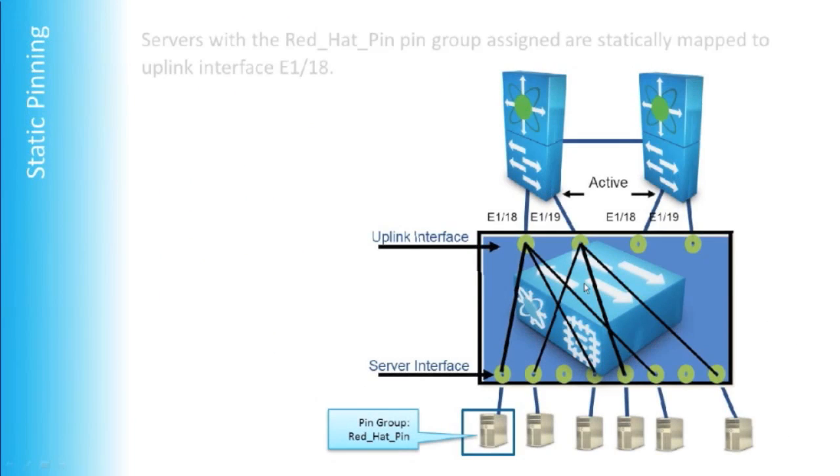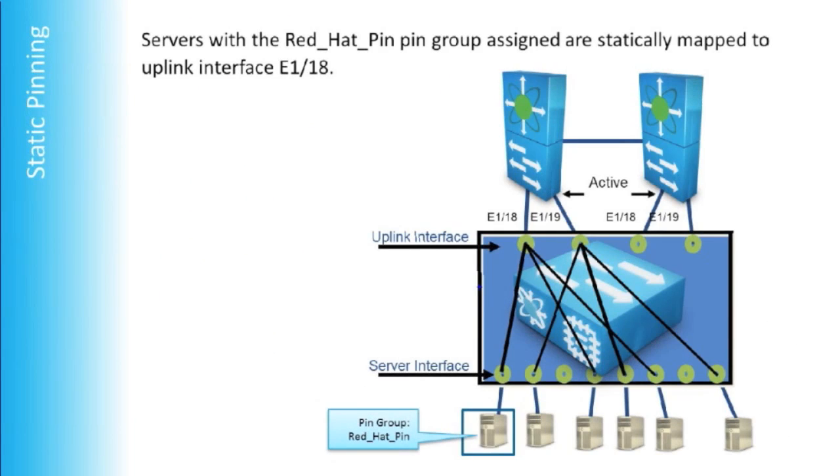So here we have in our UCS system this virtual MAC address associated with this, sounds like a Red Hat virtualized box, and we pin it to either 1/18 on fabric A or 1/18 on fabric B.